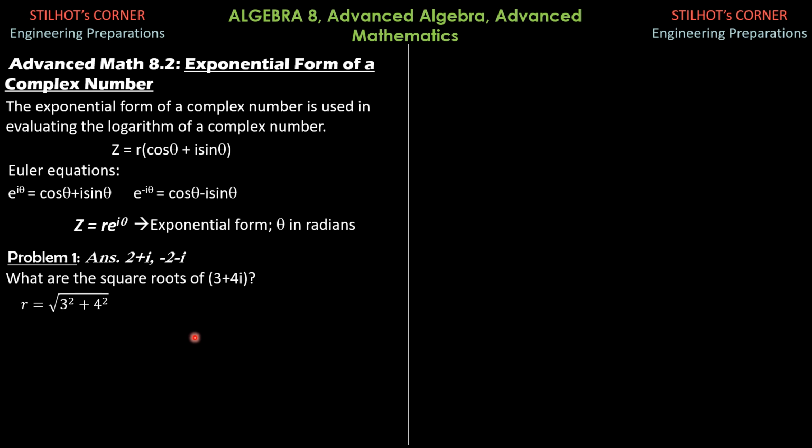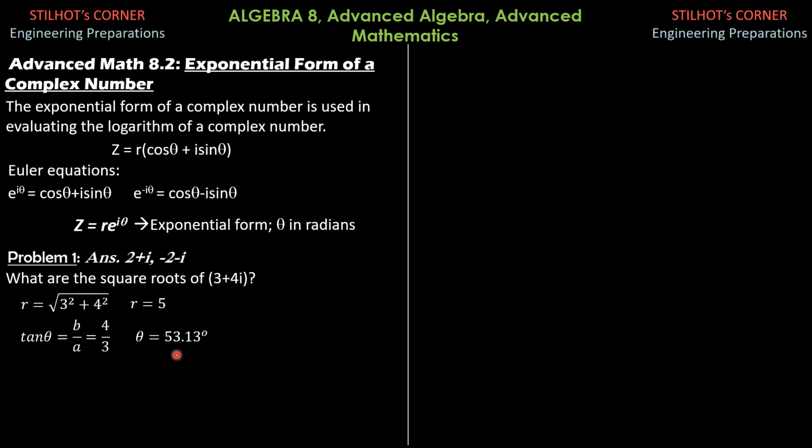So 360 degrees over 2 is 180 degrees. So r is 5. Tangent theta is 4 over 3, b over a. So theta is 53.13 degrees.